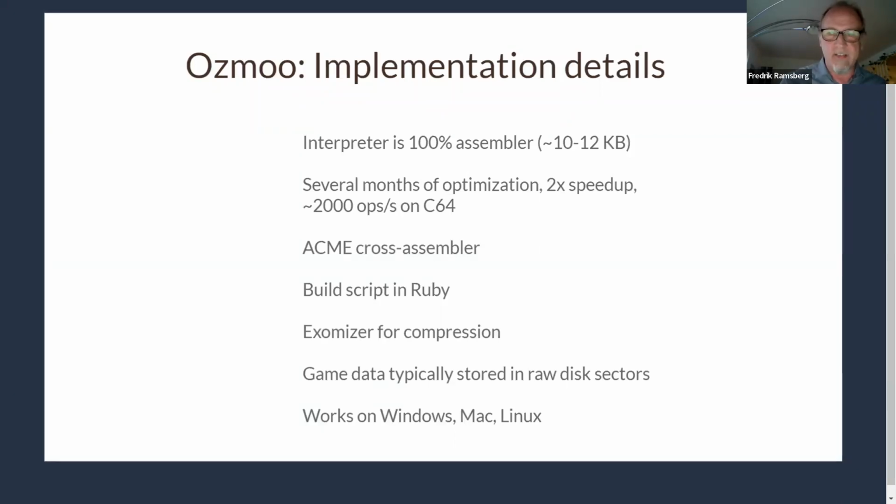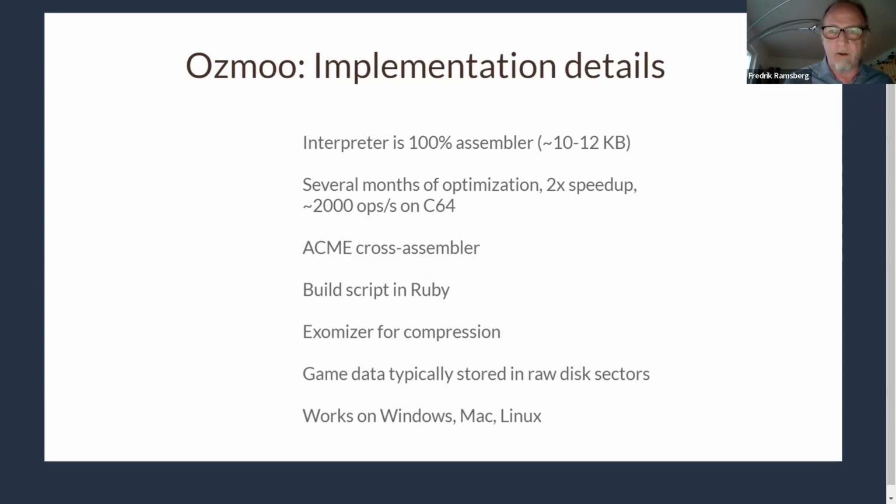We use ACME cross assembler, which we think is really good, and it works flawlessly across all these platforms. It has perfect support for the Mega 65 processor even. We have a build script in Ruby, which is maybe 2,500 lines or something, and it does pretty complex things in building these disk images, which was really too hard to do in a normal make script. We use Exomizer for compression.